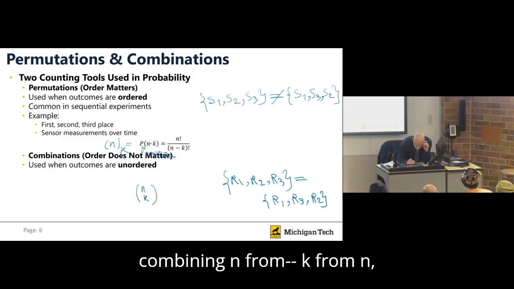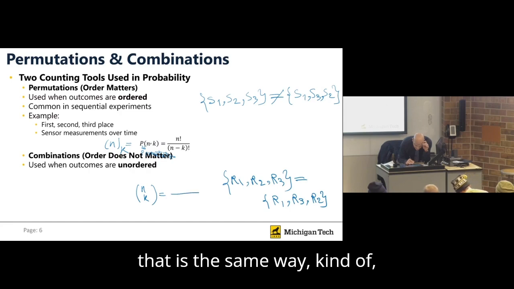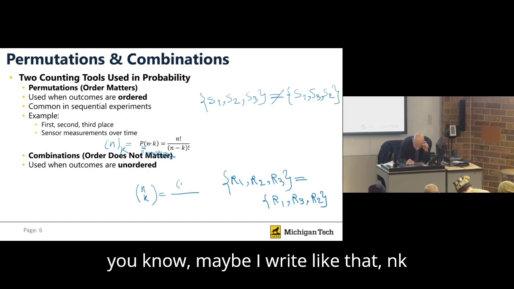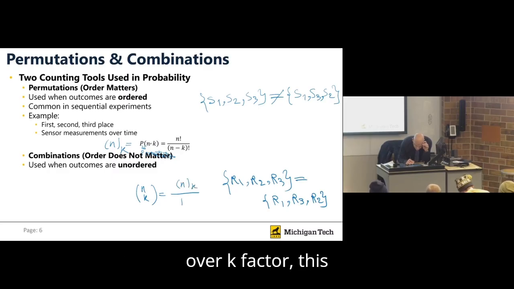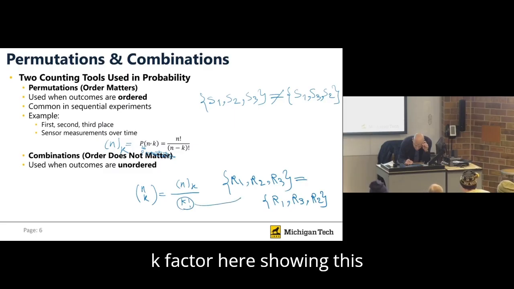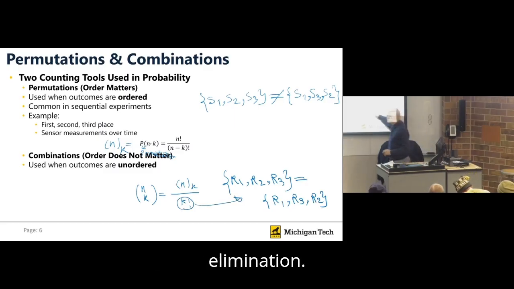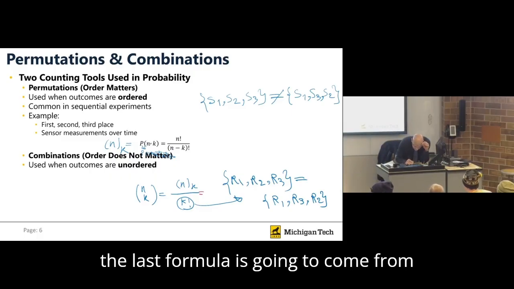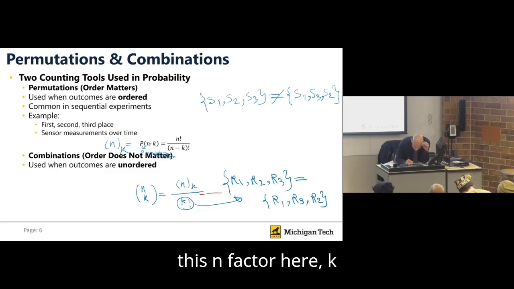choosing k from n, maybe I write it like that, n choose k, over k factorial. This k factorial is showing this elimination. So the last formula is going to come from n factorial over k factorial times n minus k factorial.